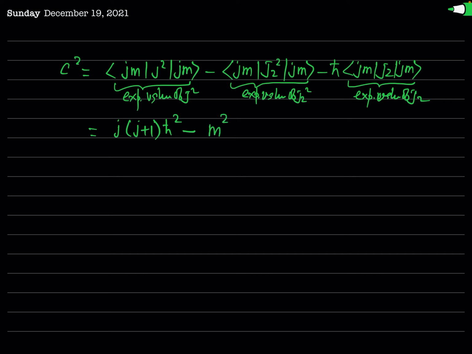So this is m square h bar square, and minus this is h bar times the expectation value of the operator Jz, which will again be equal to its eigenvalue, m h bar. So this is m h bar.